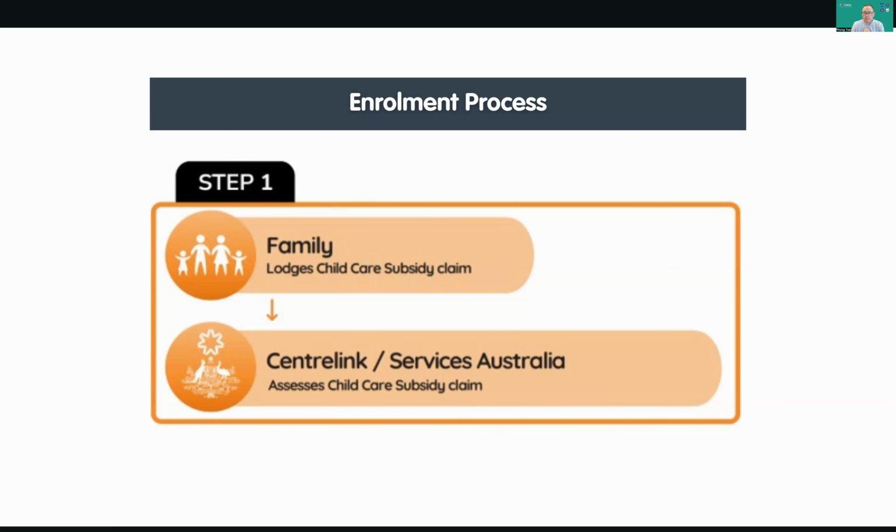Now, if I quickly sum up step 1, you as a provider aren't part of this process yet. The family needs to set up their Centrelink account and make an application through Centrelink, and Centrelink plays their part by reviewing the application and seeing if the parent and child are eligible for CCS.